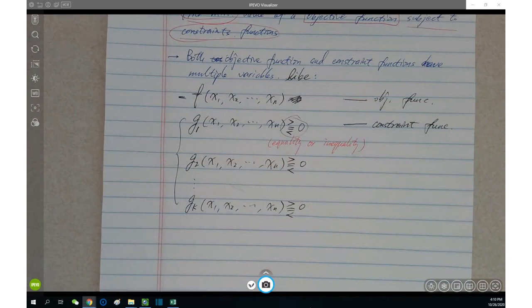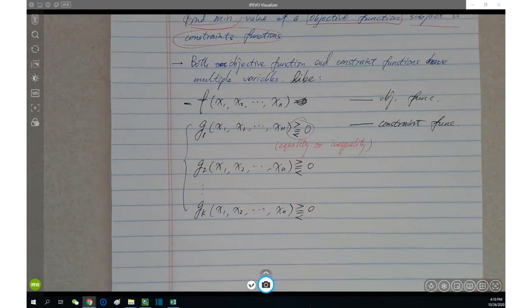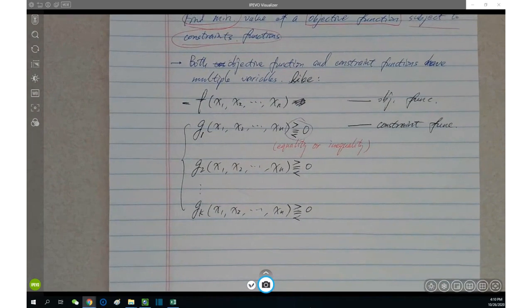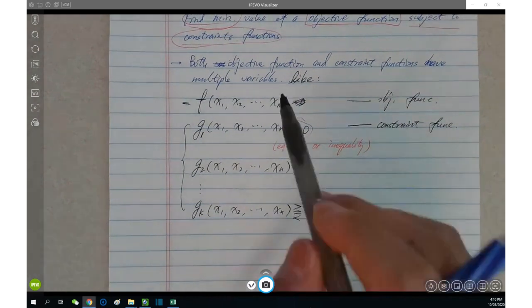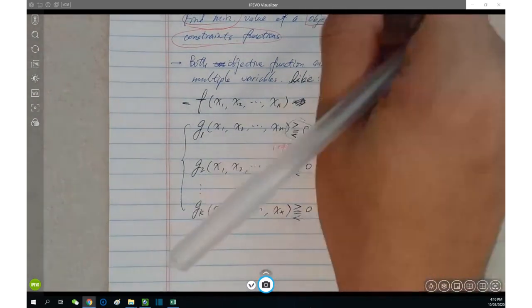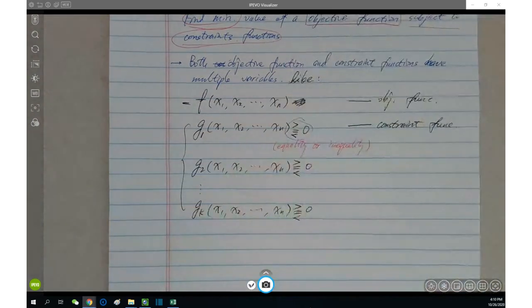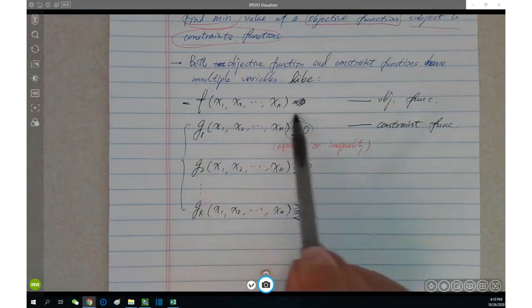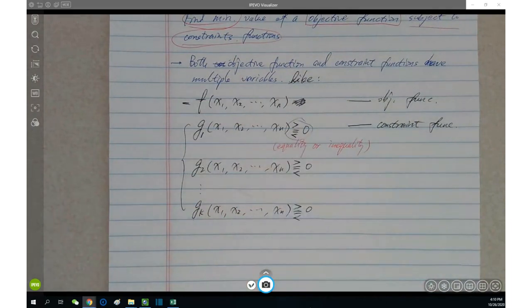If you're focusing on one particular goal, like here, just the cost, we're just trying to minimize this particularly, so it is a single objective function subject to a bunch of equality or inequality constraint functions. This is the mathematical model.